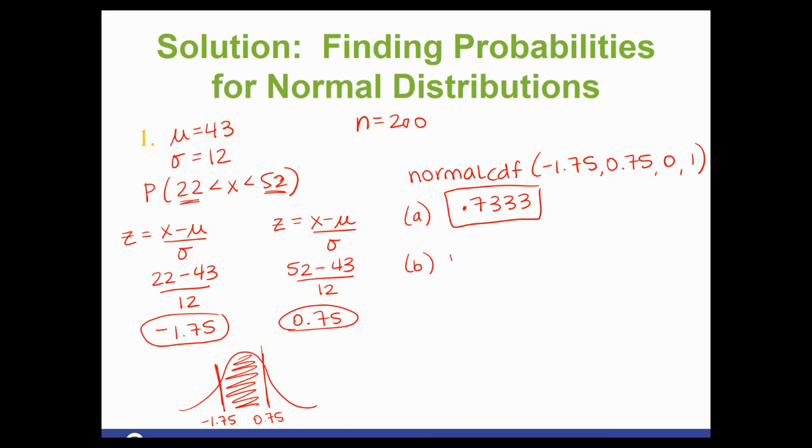Part B says when we have a sample size of 200, how many people do you have in the store? So N times P, 200 times that 0.7333, the one you just found, and you get 146.6627. Now they do want to know the count of total people in the building.